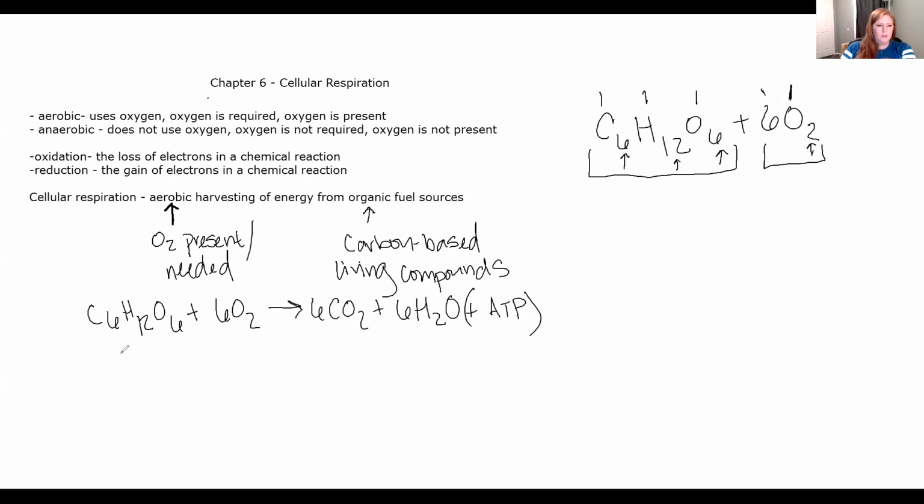Okay, so if I come back down here, this big molecule is glucose. In glucose we have 6 carbons, 12 hydrogens, and 6 oxygens in a single molecule. Remember that glucose is a monosaccharide or a simple sugar.